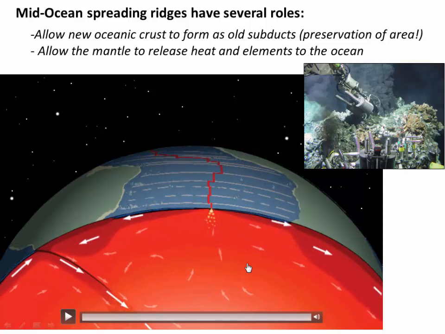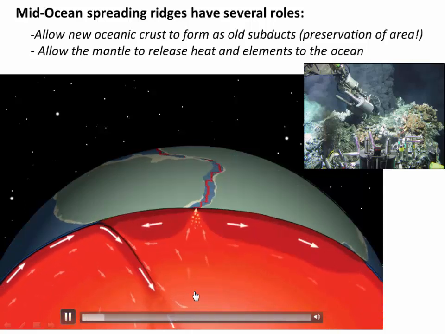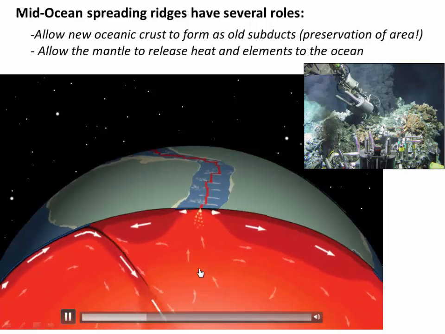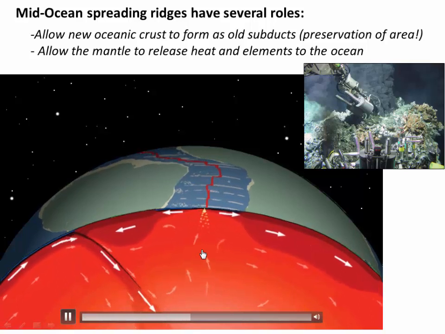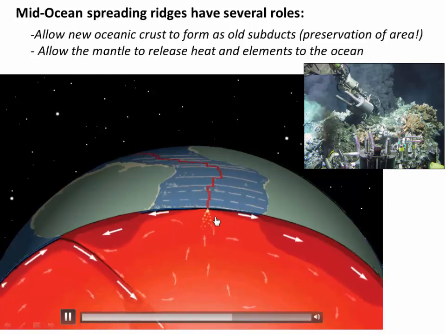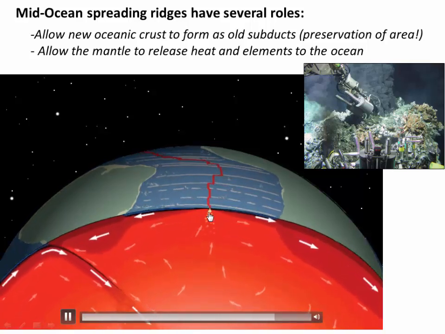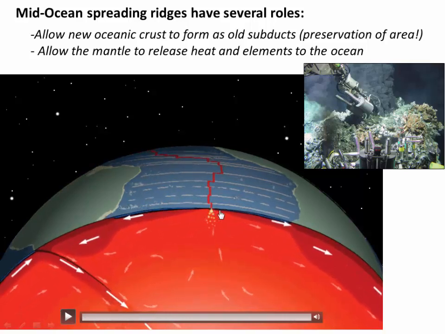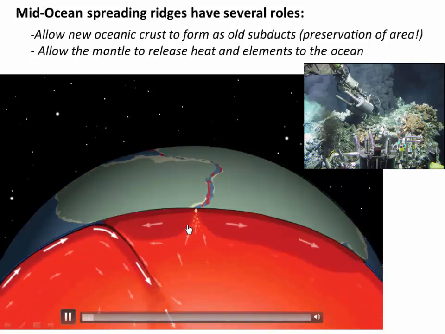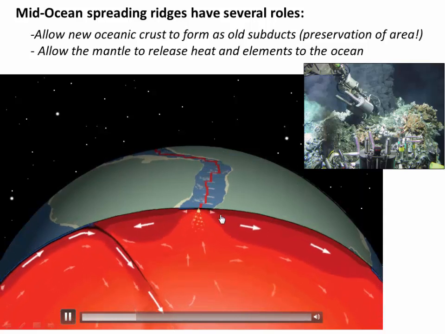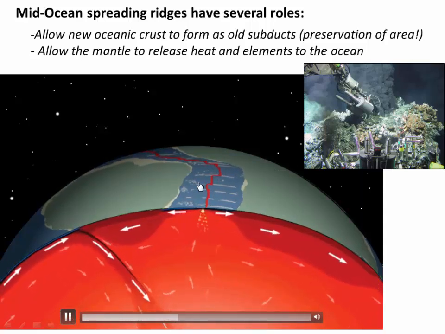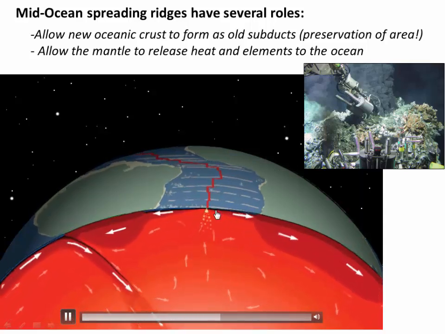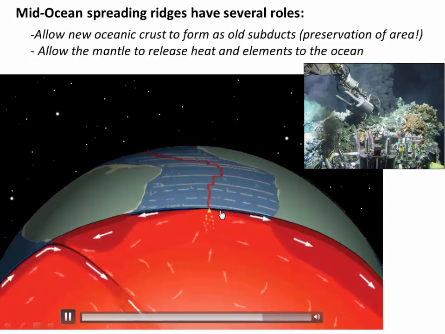So the mantle is constantly circulating by convection, and mid-ocean ridges are where that material upwells to the surface. It melts and it cools as new ocean crust. And that new ocean crust essentially acts to resurface the Earth. It's literally creating new material to cover Earth.